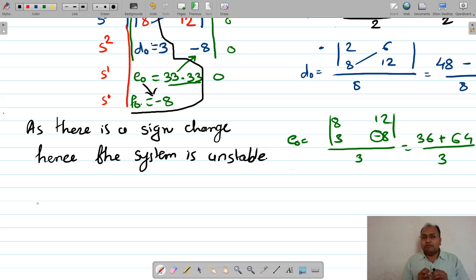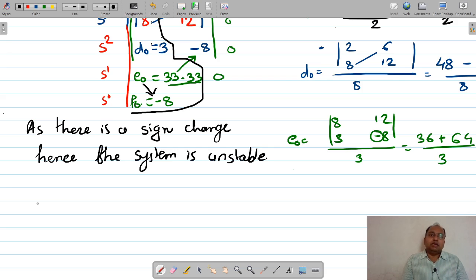After finding the derivative, you just put the values as a suffix over there. Okay, and then solve as usual as you used to apply for Routh Hurwitz criteria. These are the three different cases over here.